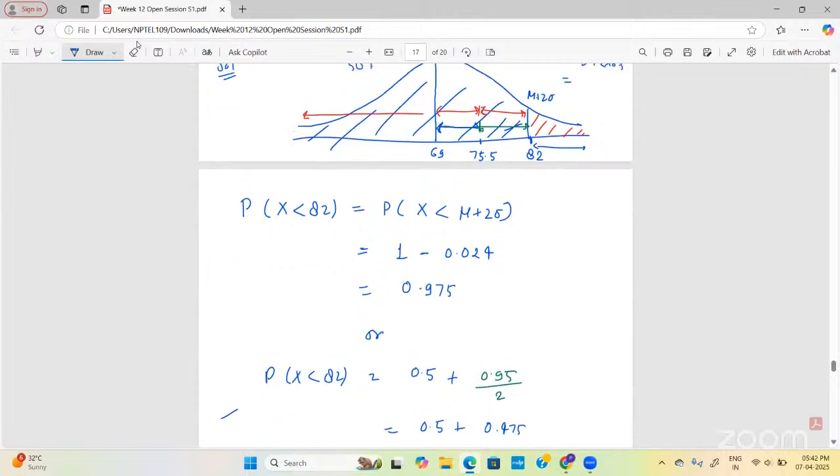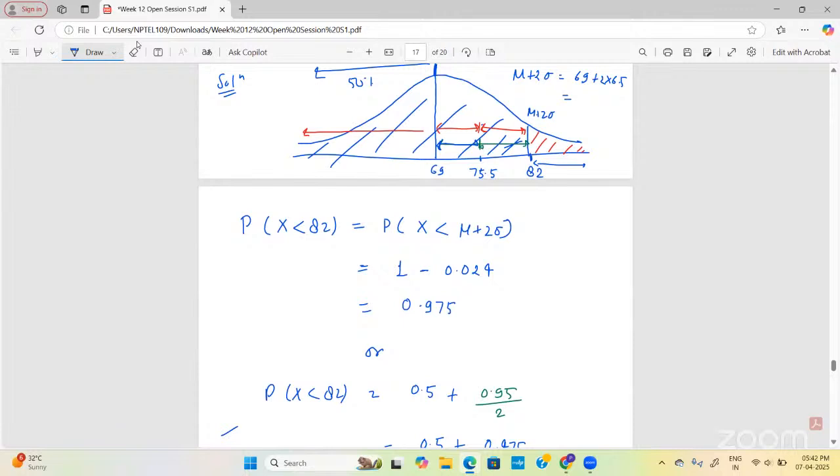In the second part, how we have done is we have taken this 50% region below 69. This is 50%. Then this is mu plus sigma, and this is mu plus 2 sigma. So we can write that within mu plus 2 sigma, it contains 95%.